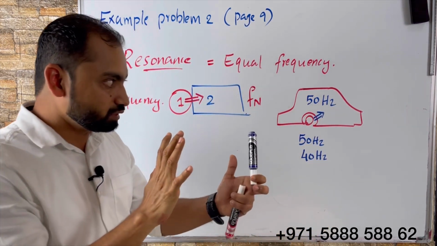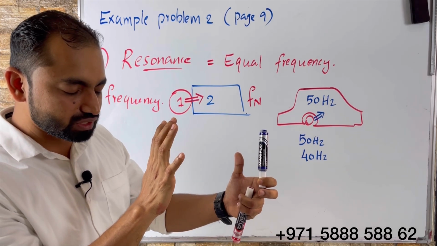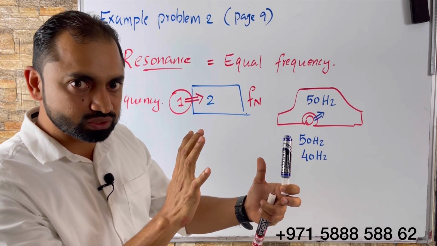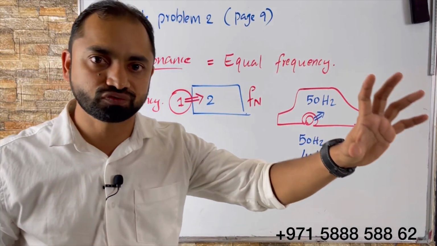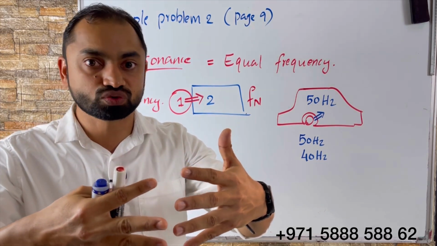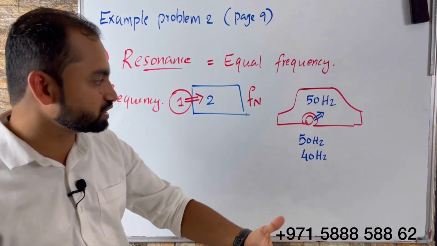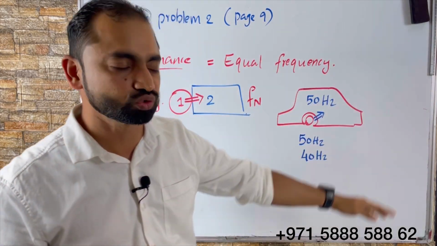When the rotational frequency of the tire becomes equal to the natural frequency of the car, the frequency is matching. That is called resonance. During resonance, maximum energy is transferred from the tire to the car.